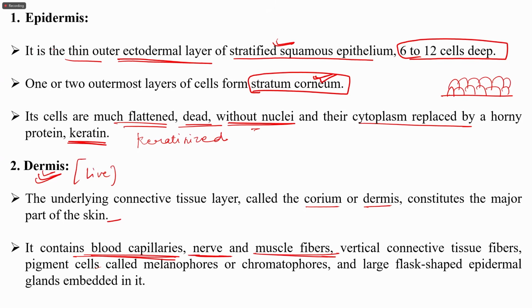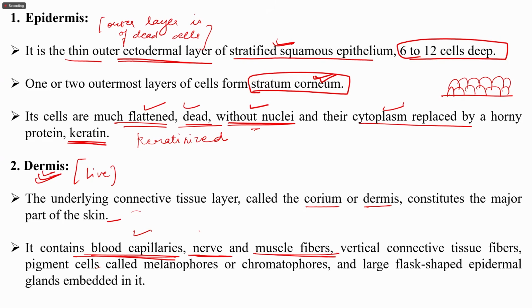We know that the outer layer is dead. Why are we saying it is made of dead cells? Because the cells are much flattened, dead, without any nuclei, and their cytoplasm is also replaced by the protein keratin. While in the dermis, the cells are live.